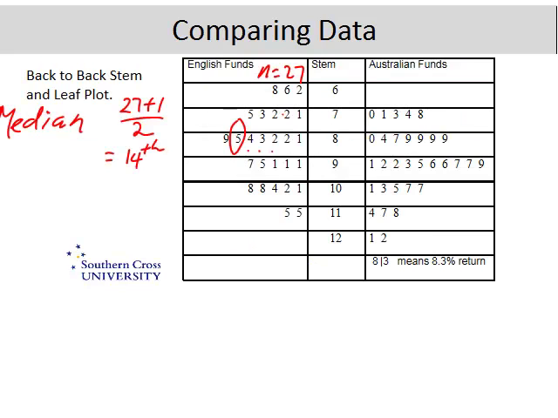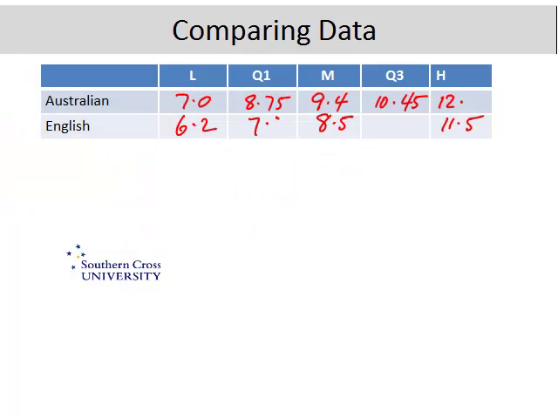Okay, coming back to Q1, that is going to be 27 plus 1 on 4, which is 28 on 4, which is 7. So that's the 7th score. So 1, 2, 3, 4, 5, 6. So the 7th score is 7.3. So we can put that in our table.